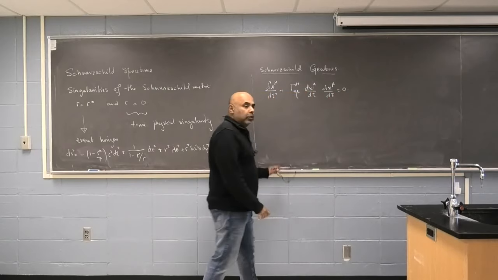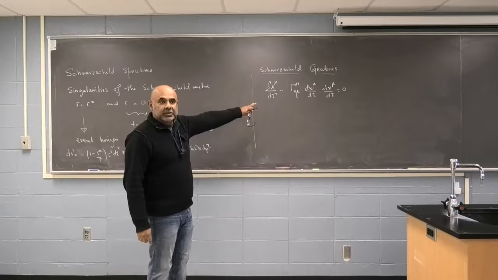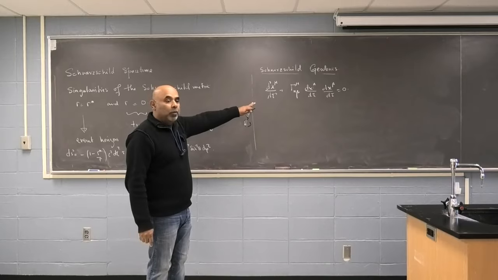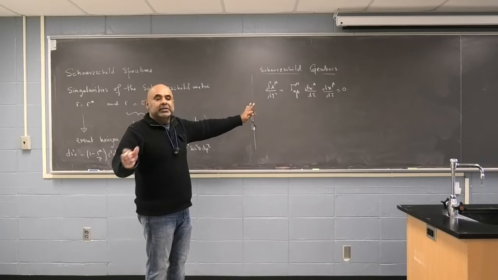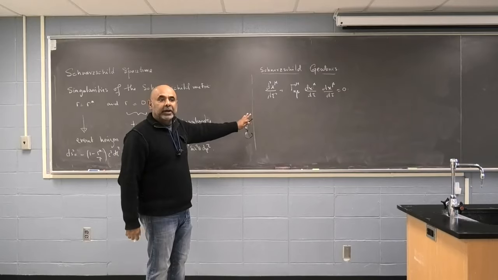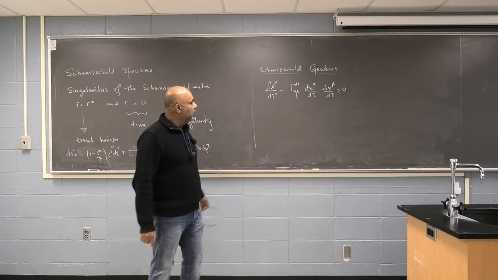Hey, listen, you are fully ready to solve this geodesic equation of motion because you know what they are. I mean, solving it is a bear, but you know how to write it down. You know what gamma is, right?